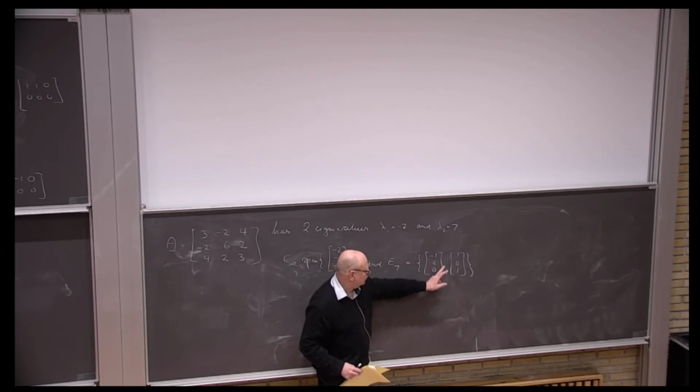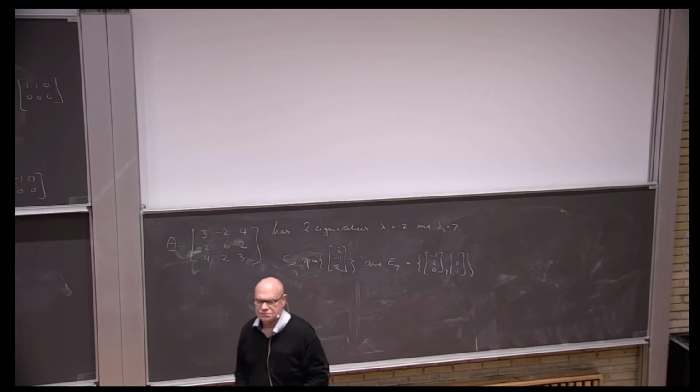But these two vectors are not orthogonal. You have minus 1, plus 0, and then plus 0, that is minus 1, different from 0.